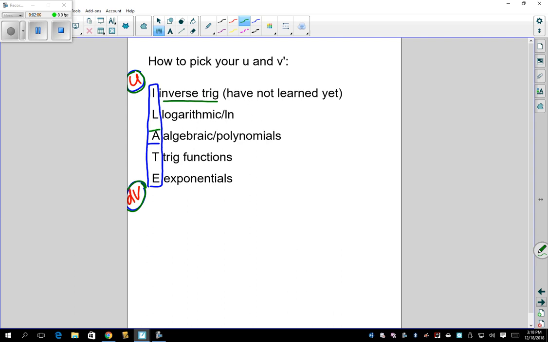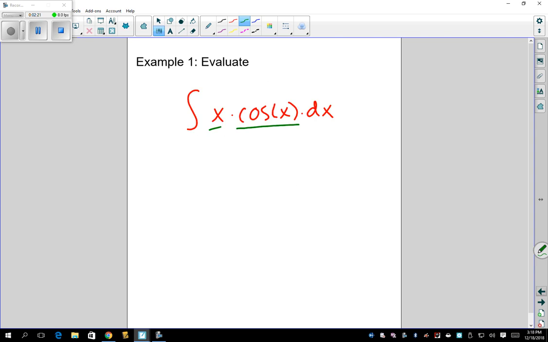So we've got inverse trig, logarithmic, algebraic/polynomials, and then trig functions and exponentials. The ones on the bottom are better for dv, and the ones on the top are better for u. So I'm going to pick u equal to x, and dv equal to cosine x dx.